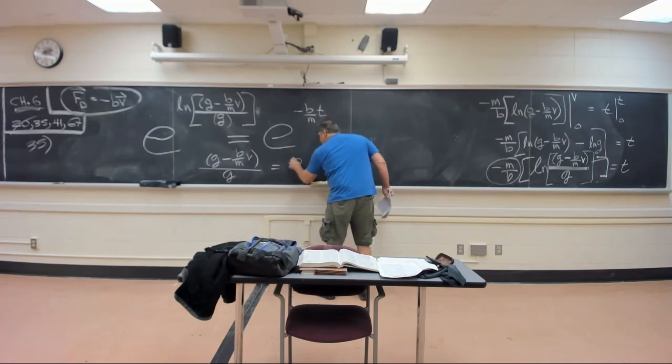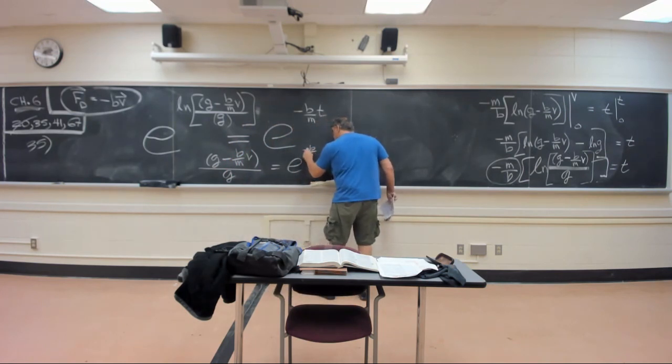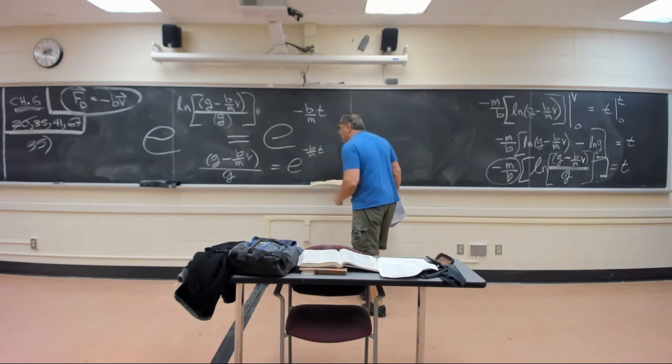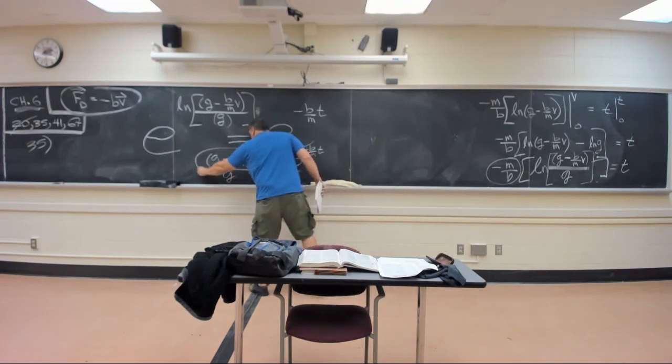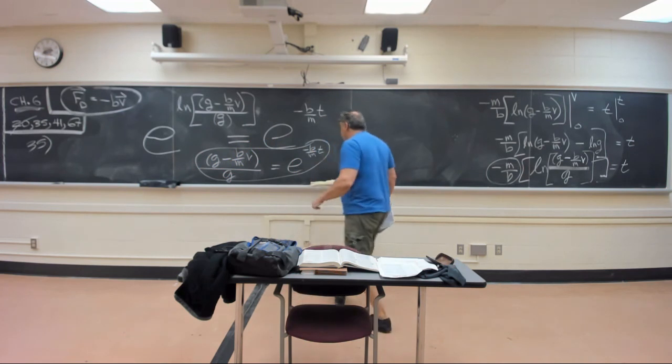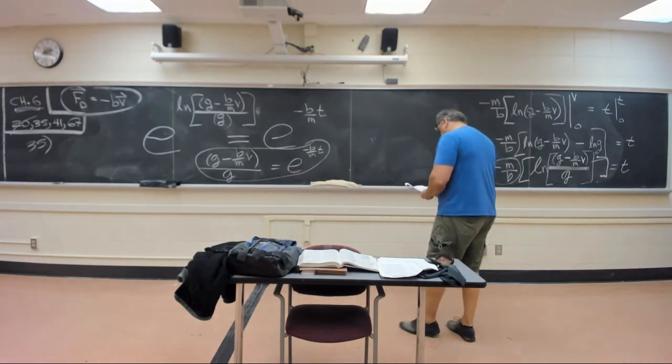And this right here is e to the negative b over m times t. Okay, we got to here. Now what?